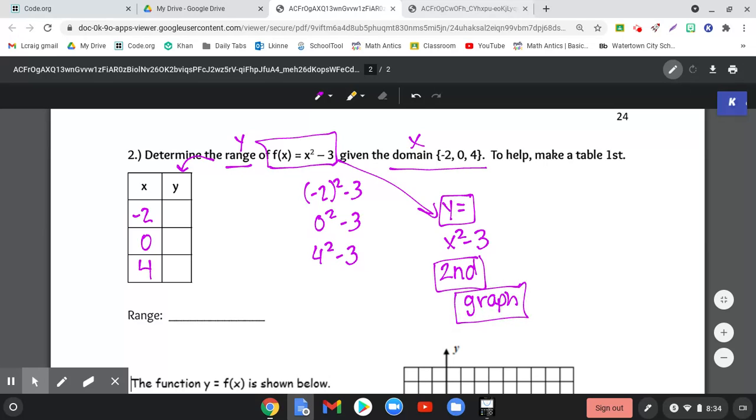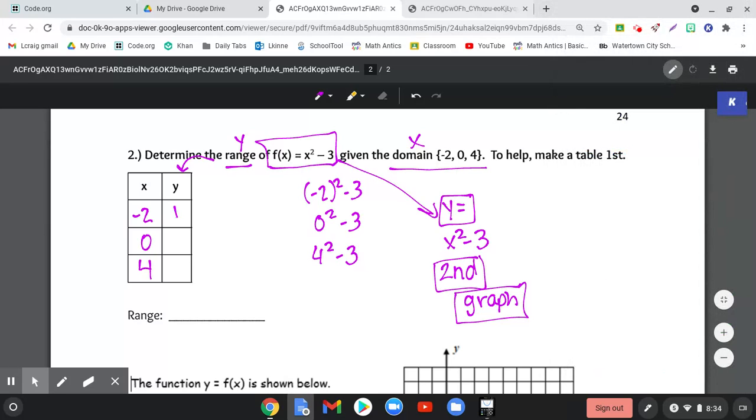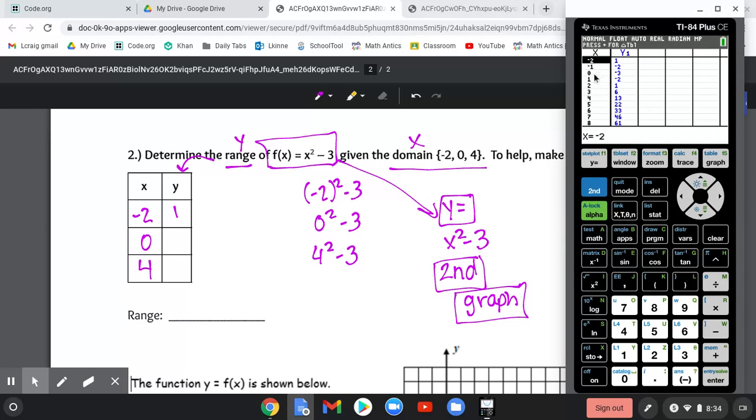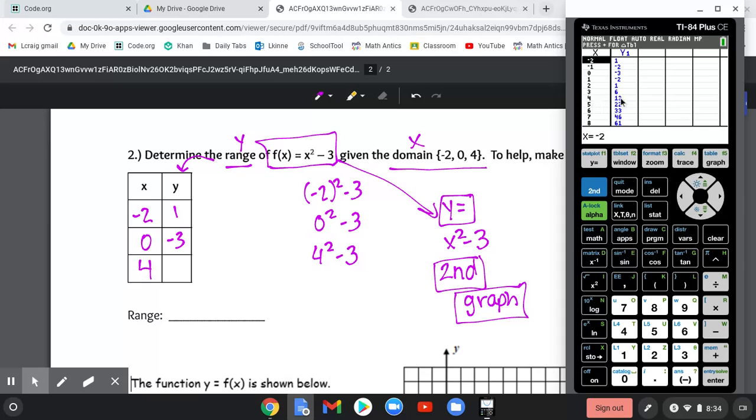And anytime it's a button, you'll notice that I put a little box around it to make it look like a button. Okay, so we're looking for -2 is 1, 0, and 4. 0 is -3, 4 is 13. 4, let me just double check, 13, okay.